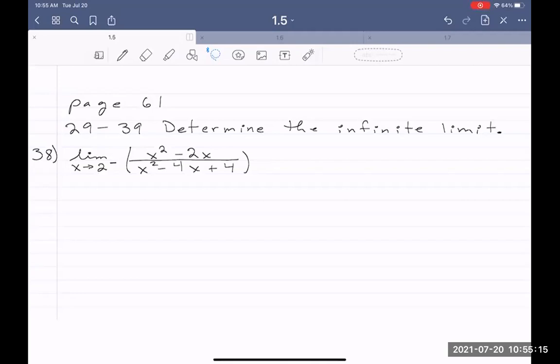Okay, so let's do that. It told you it's an infinite limit. And so this is problem 38.